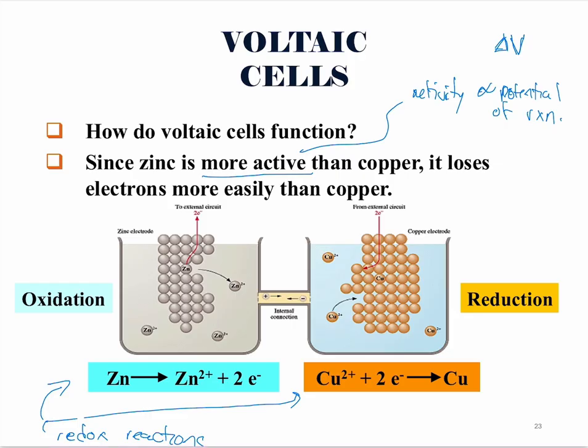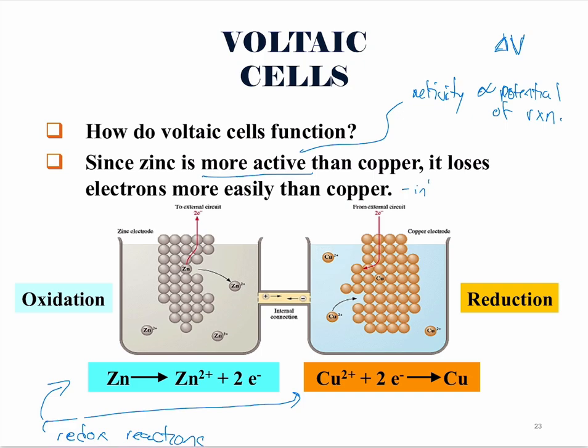So if we have a redox system, one of these is going to have a larger or smaller potential compared to some standard. And when they do, that means that species is going to be more likely to be oxidized or more likely to be reduced. And so these are inherent properties of the metal, right?